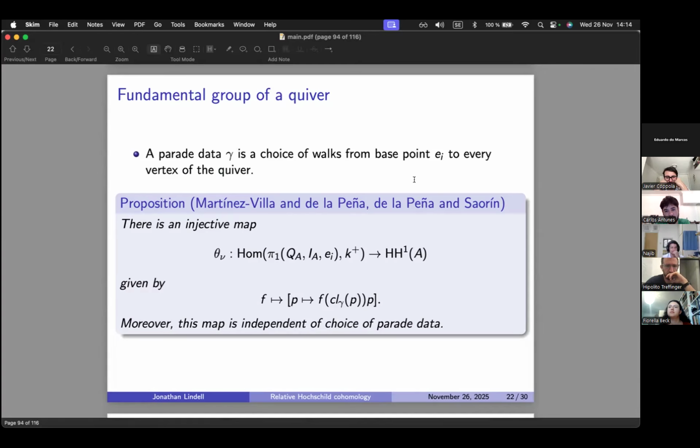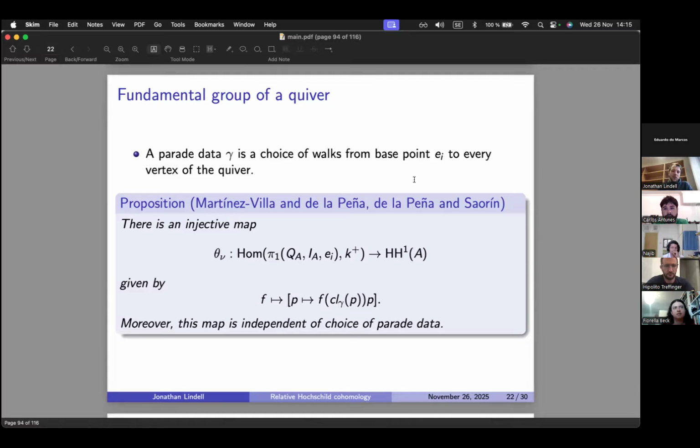Yes, sometimes yes. Sometimes it's definitely easier. I mean, even for monomial algebras it can be quite hard to compute. For a monomial algebra, the fundamental group is that of the quiver. Yeah, but even for monomial algebras, the HH1 can be hard to compute.